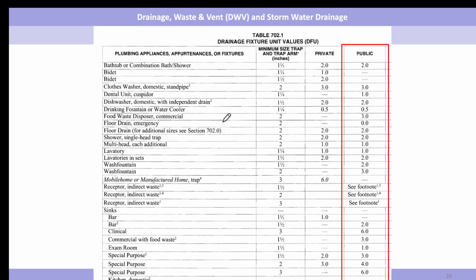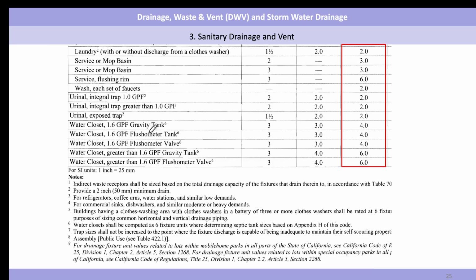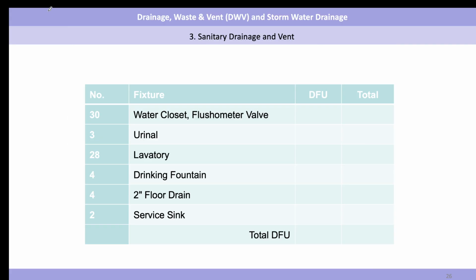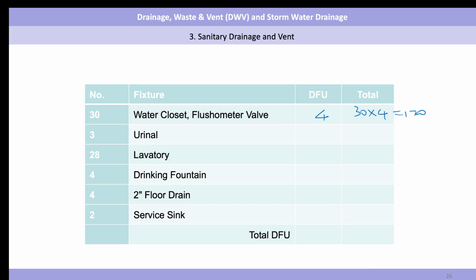So check the table, and then read each plumbing fixture's DFU to find the total DFU. Like a water closet, flush meter valve, this one 4, so the DFU is 30 by 4, 120. Urinal is 2, 3 by 2, 6.